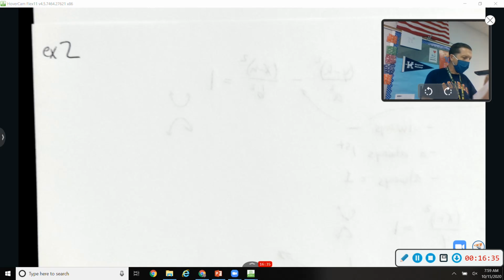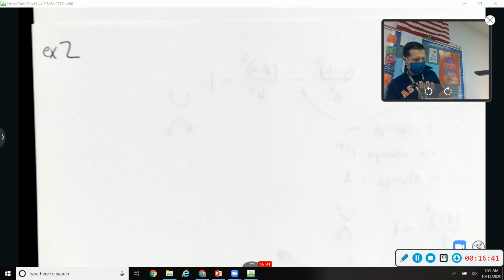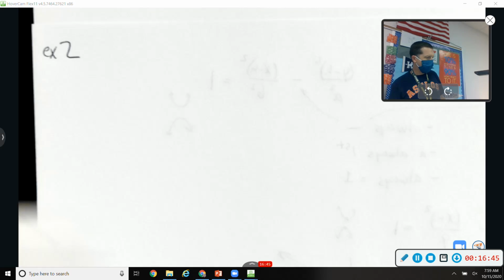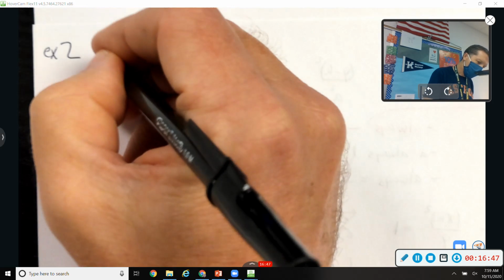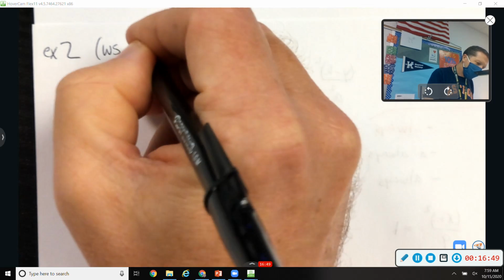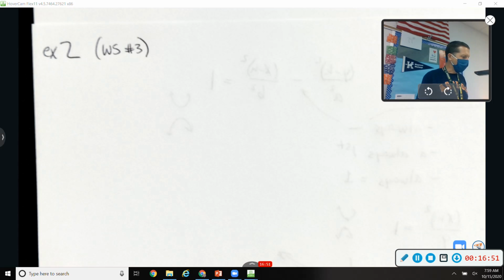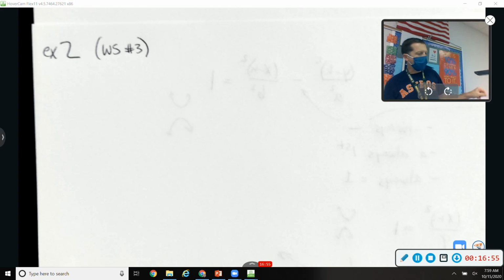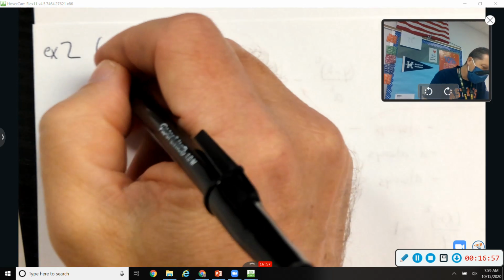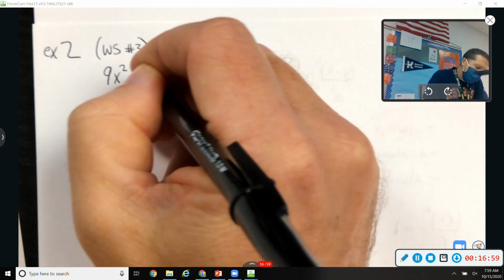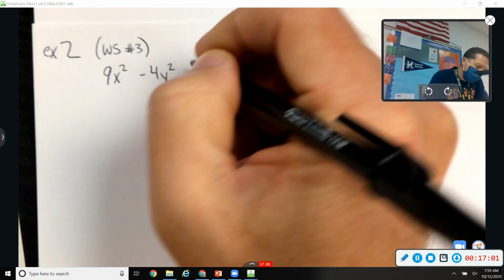So get your worksheet packet out, and this is number 3 on the hyperbolas worksheet. Although I said get your worksheet out, I think you should probably do this part on the notes, because this is one where there's not much room to work.